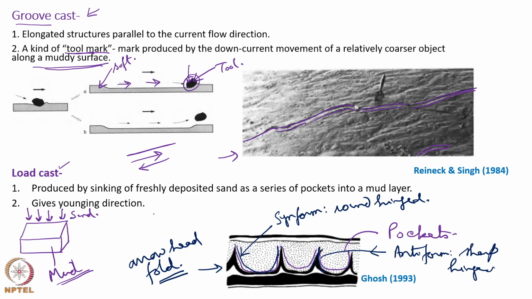And what is the overall geometry? This kind of geometry is produced. So, if I find this, I can work out the younging direction. This is the younging direction.